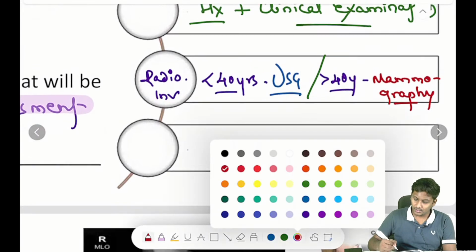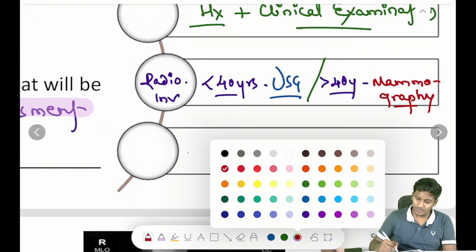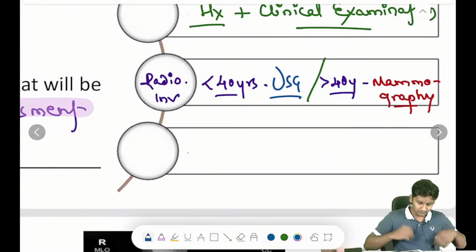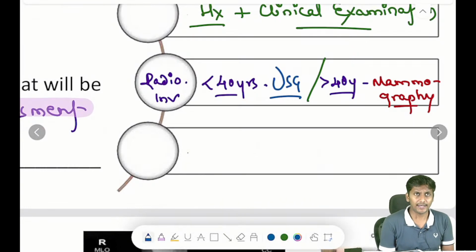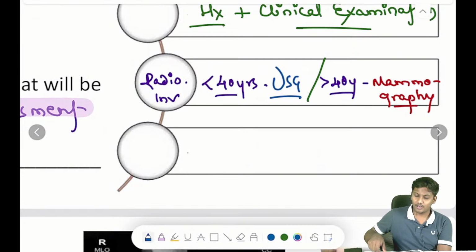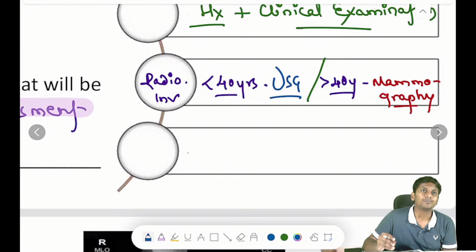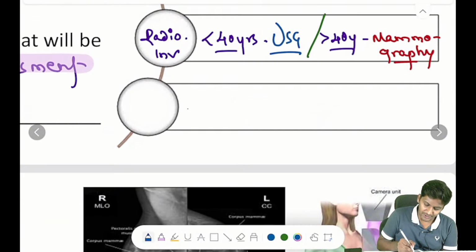If I talk about the third investigation that we usually do in this patient, once we have done the radiological investigation, उसका ultrasound या mammography का report आ गया. Once the ultrasound or mammography report comes, then we are going to take up the patient for the histopathological examination, HPE.